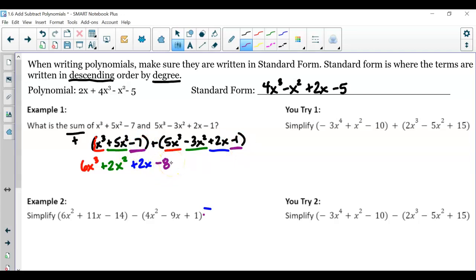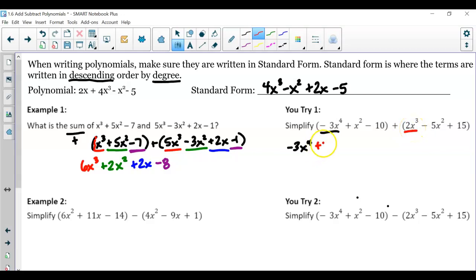Go ahead and pause the video and do this you try one here on your own before we begin the second example. And here we go. So again, just making sure that you combine like terms. Now, here is x to the fourth. Is there any other term? No. So we bring that down, -3x to the fourth. Now I notice we have an x cubed term here. Is there anything else to combine that term with?